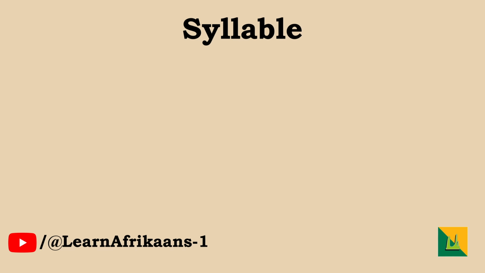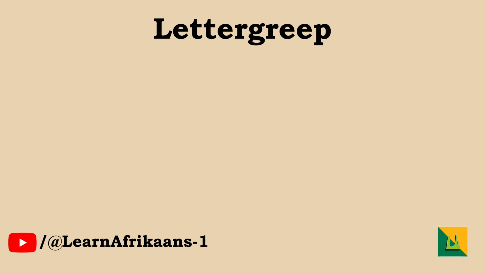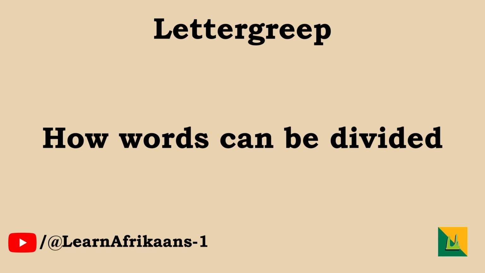We have already talked about syllables, but let's delve deeper. What is in English called a syllable is called in Afrikaans a lettergrepe. Lettergrepe are combinations of letters that words can be divided into.